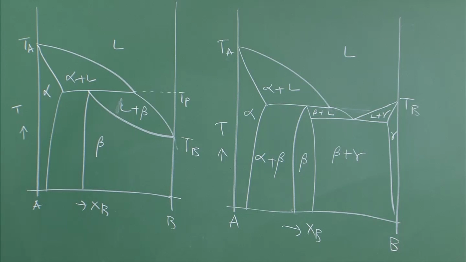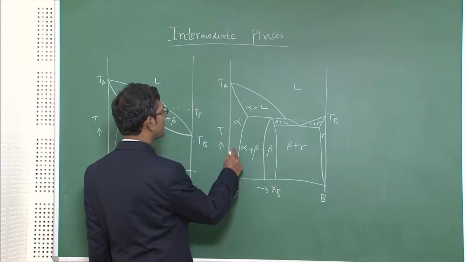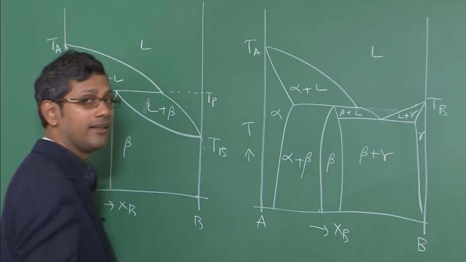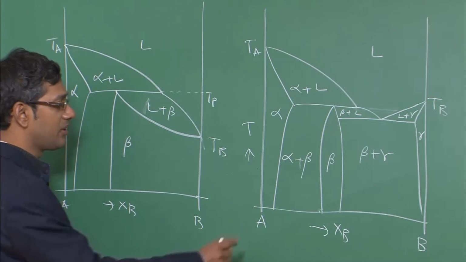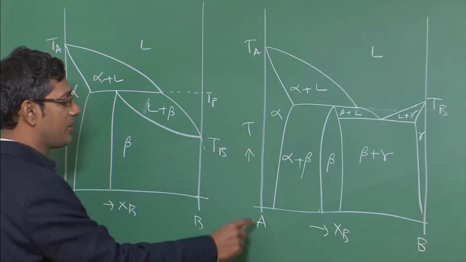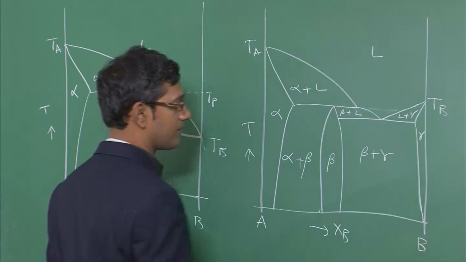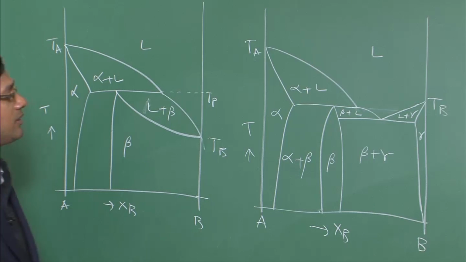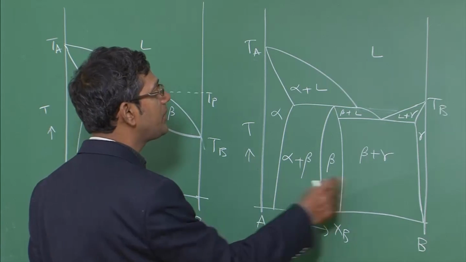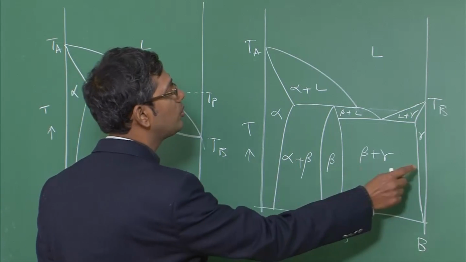So, such kinds of phases are called intermediate phases. The reason it is called an intermediate phase is this. We know that there are two solutions at the terminal positions of A and B respectively. One is alpha, which is a terminal solution, the other one is gamma, which is also a terminal solution. Now, this phase comes in between, at intermediate compositions of these two solutions.